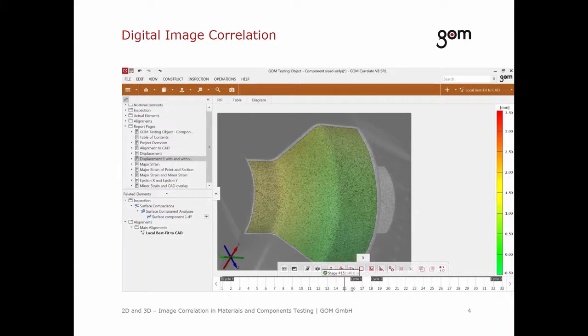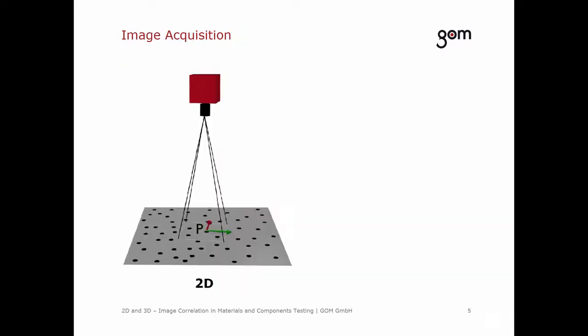In 2D, 2D coordinates are derived. In 3D, of course, 3D coordinates, which are then further evaluated for displacements, velocity or acceleration, as well as strain and strain rates. The basic result generated using image correlation is a full field measurement result containing thousands of measurement points, as you see here in this screenshot from the GOM Correlate software.